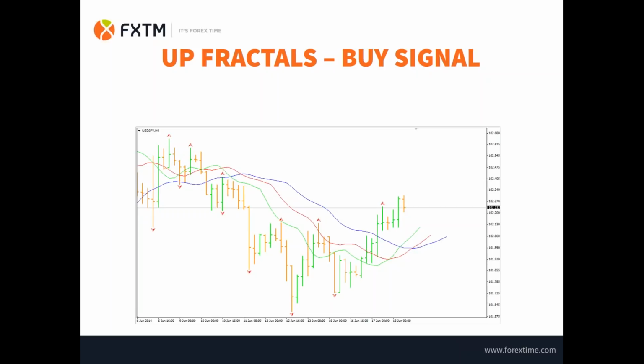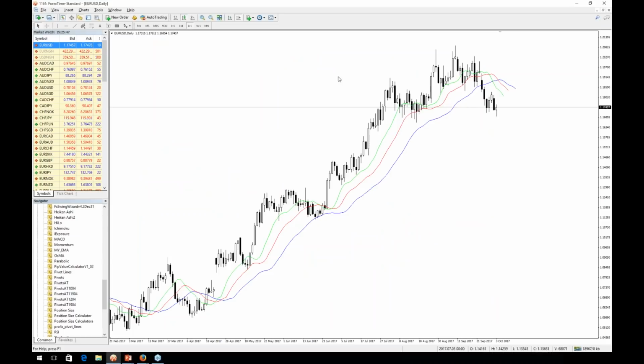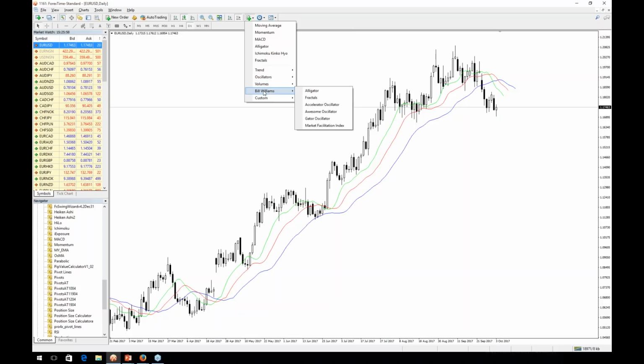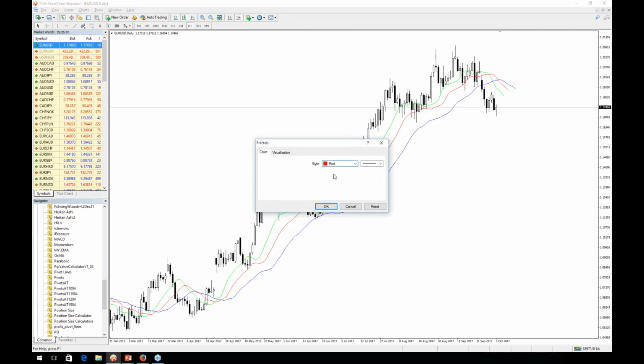Okay, let me just go to our chart, MT4, and attach fractals, so you can know how to attach fractals. You go again to the indicators list, and of course you know that these tools are under Bill Williams, and you select fractals. You can change the color. The default is red.